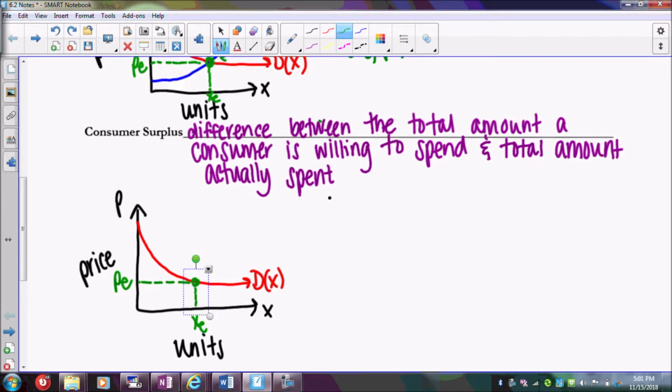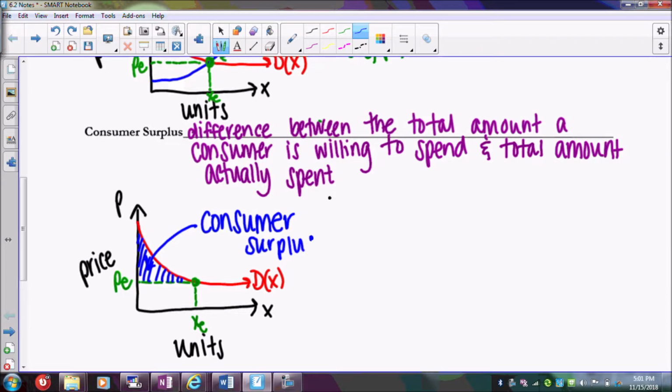So it's the price and the number of units for the supply and the demand to be equal. The consumer surplus is this area that's bounded between the demand function and the price at the equilibrium point. This region represents that extra money that the consumers were willing to spend but didn't have to spend. So the consumer surplus is this region.